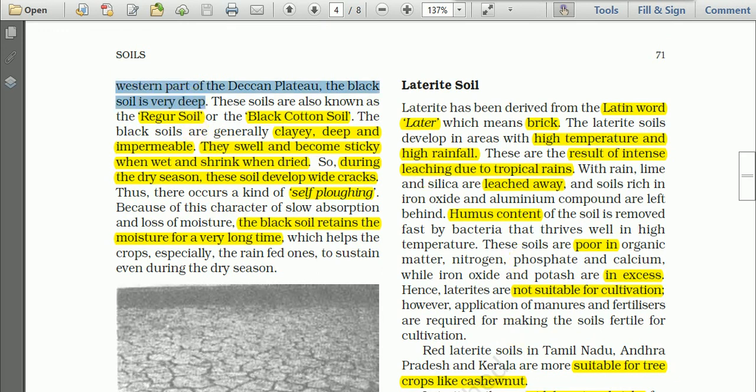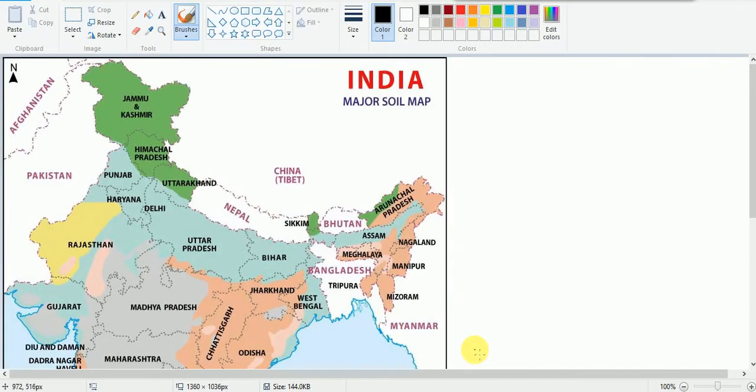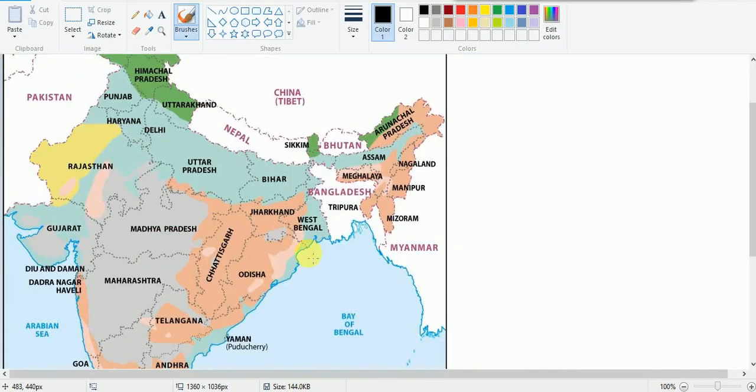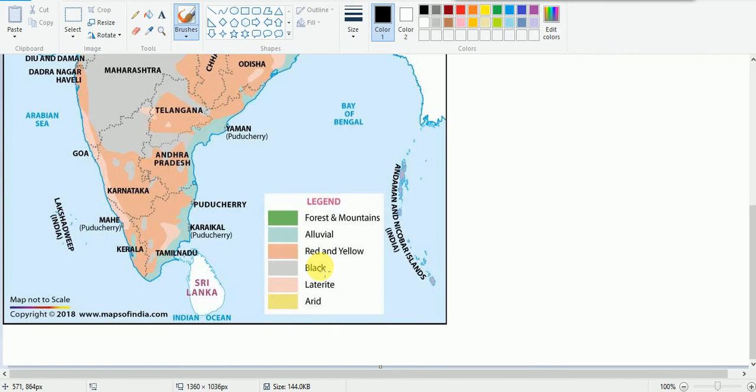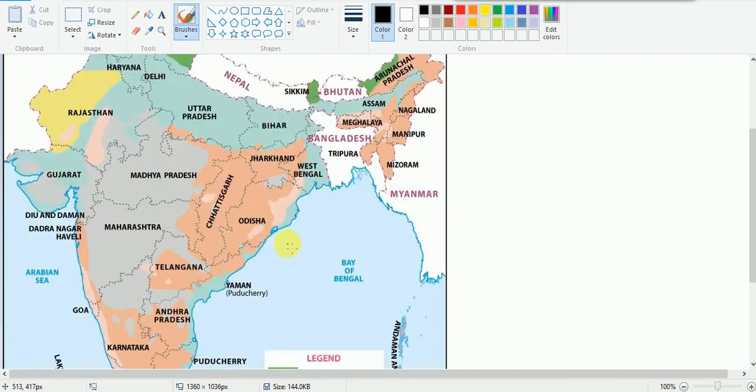Now let us see a map. The color which is representing black soil is here. In Gujarat, this area is covered by black soil, and here is the Deccan Plateau area.